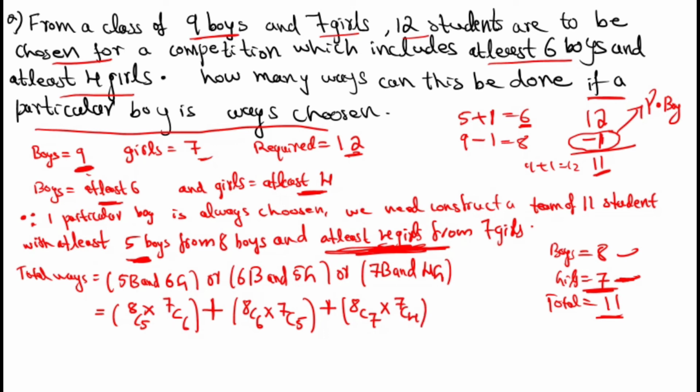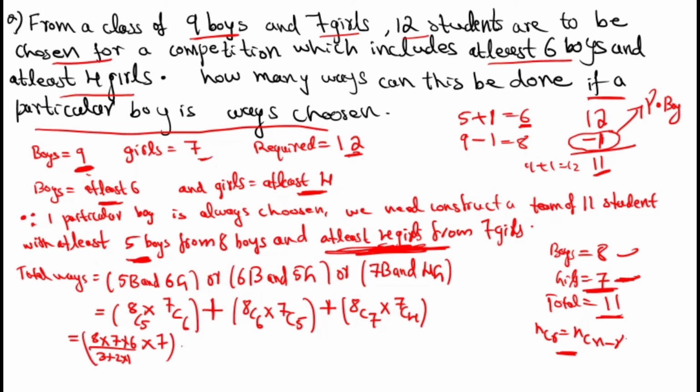Now simplify this. Here we know the formula nCr is equal to nC(n minus r). Use this formula. 8C5, its value is equal to 8C3. So you can write it as 8 into 7 into 6 by 3 into 2 into 1. Just applying this formula, into 7C6, its value is equal to 7C1. So its value is 7 only.